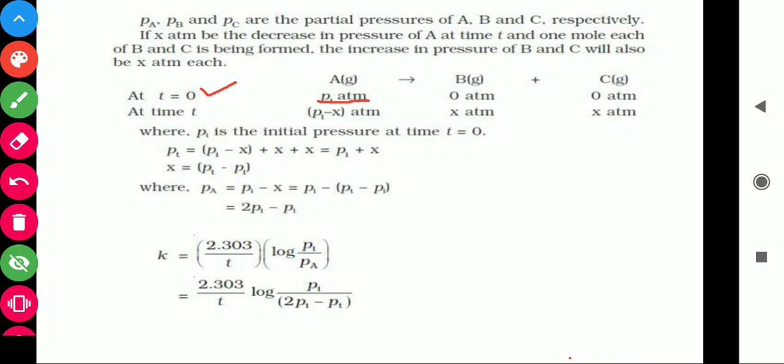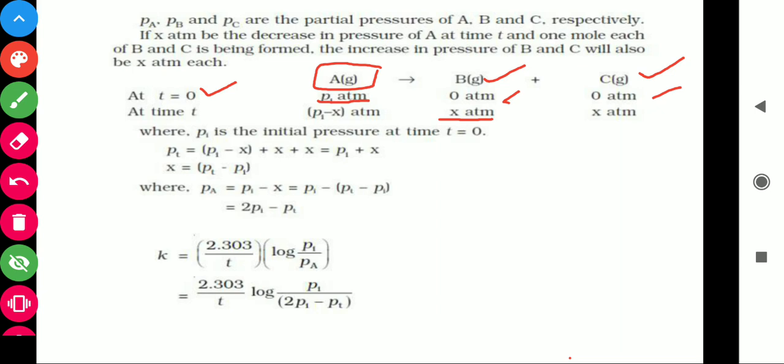After time t second or t minute, the products will be formed. It means now A will convert into B and C. If the pressure of product B is x atm, initially it was 0, and C is also 0, and A is P1.